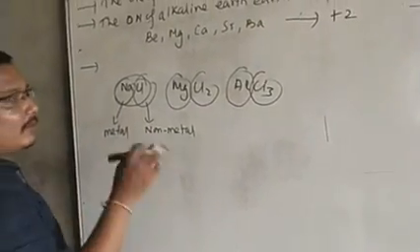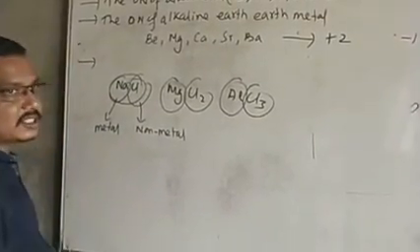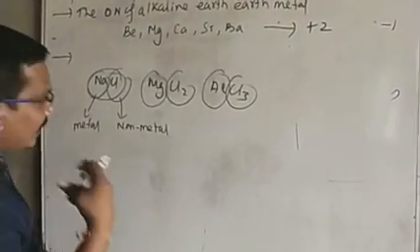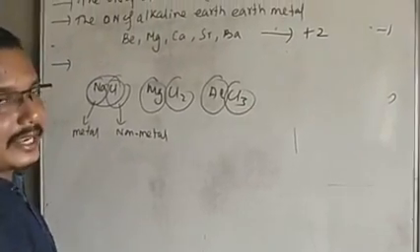Then the metal atom present in that type of compound must show a positive oxidation state, and the non-metal atom present in such a compound must show a negative oxidation state.